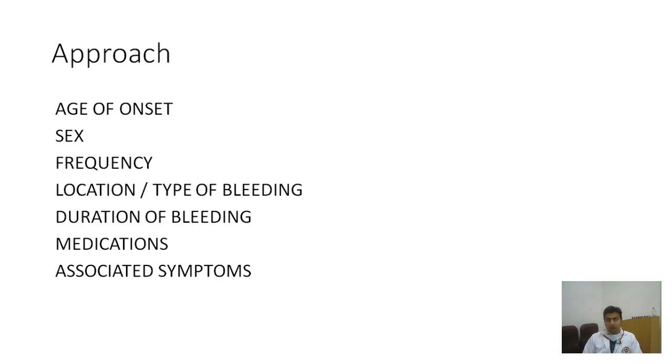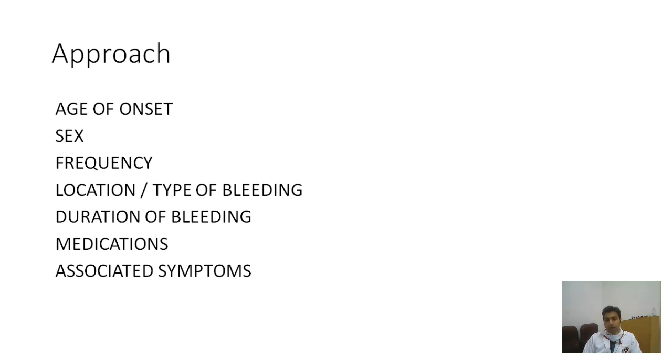But say in the pretext of a jaundiced child who has had liver disease for 3 to 4 months, if there is bleeding, then it indicates that this could be secondary factor deficiency. Is the child on any medications such as anti-epileptics or vitamin K antagonists, as I said, could predict certain disorders, and associated symptoms such as presence of hepatosplenomegaly or bony tenderness.